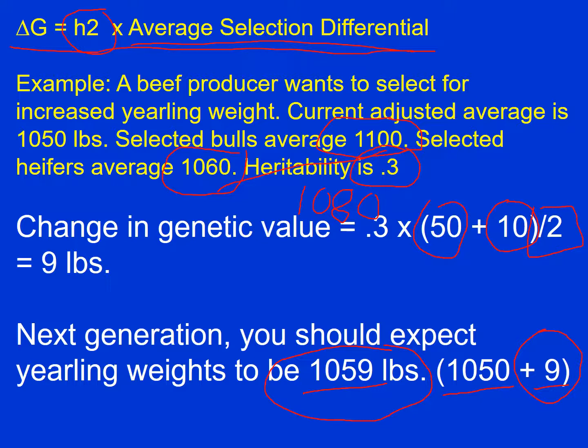Genetic change is always a little slower, but after we do this for several generations, we're going to make significant progress. 9 pounds per generation. Do that for 10 generations, and that's 90 pounds. The whole moral of the story is, as far as genetic selection goes, you need to be patient. But it accumulates generation after generation.